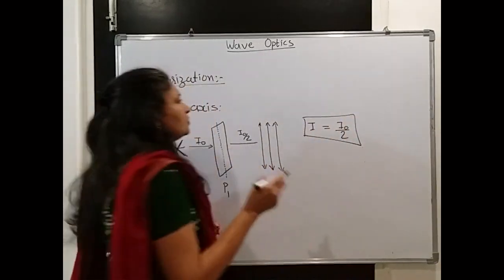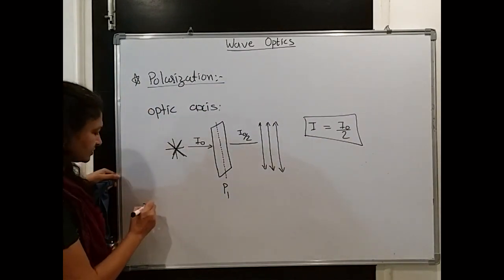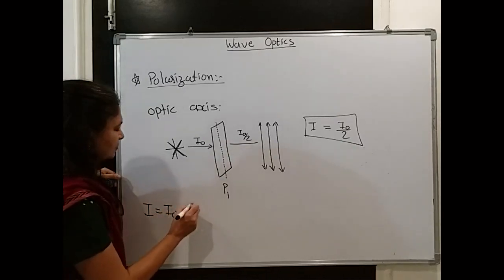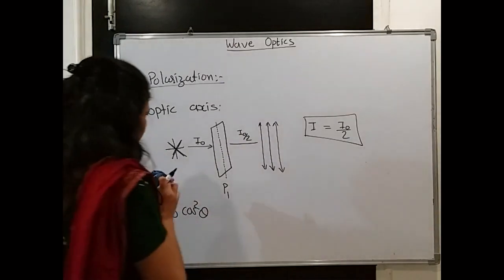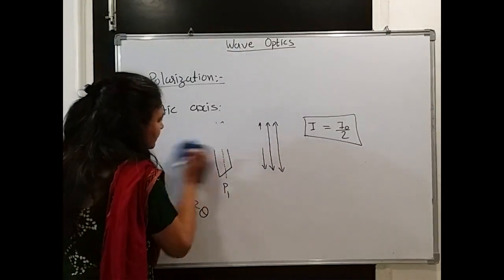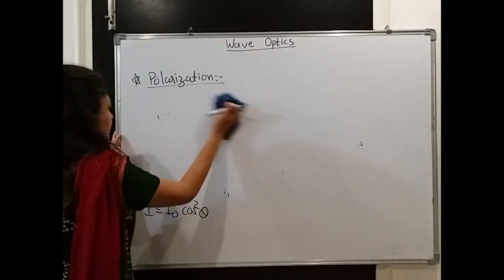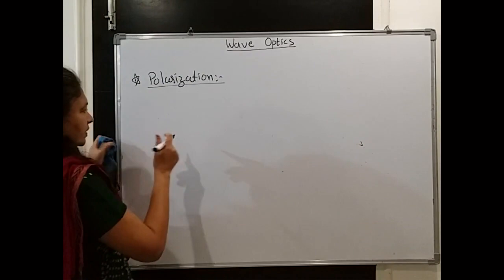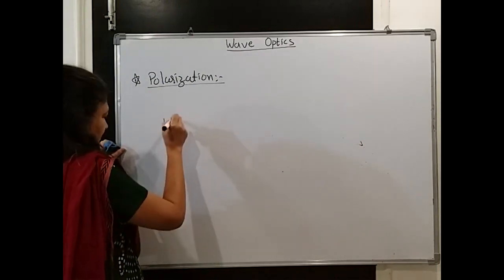Okay. Now you might be able to recall Malus law. Malus law says that I equal to I0 cos square theta. What does it mean? Suppose here I am having some polarized light.